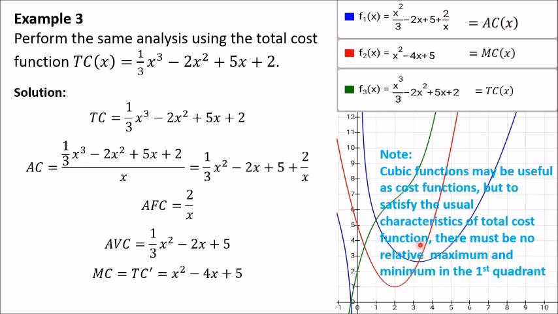In the graph, ito, again, gamitan nyo lang ng fx application para mag-graph natin. So, ito na yung tatlo. And we have here the note. Cubic functions may be useful as cost functions, but to satisfy the usual characteristics of total cost functions, there must be no relative maximum and minimum in the first quadrant. O yun yung sabi ko kanina. Dito sa first quadrant, just try to look at the total cost function, itong green.